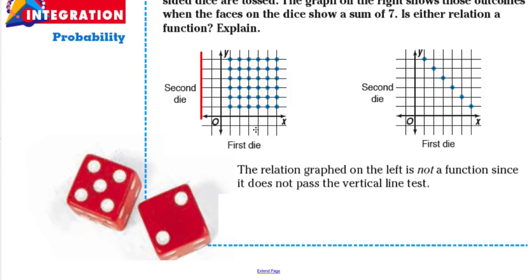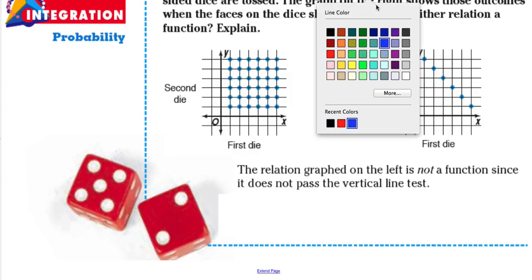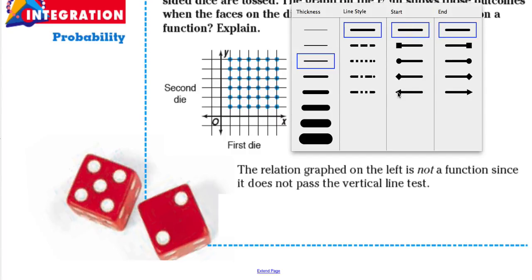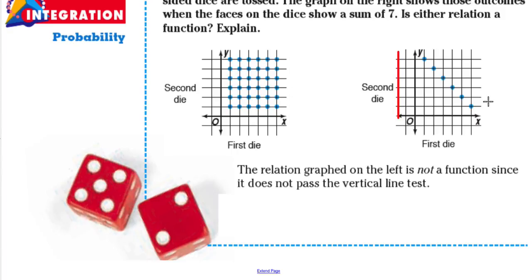The one on the right, however, is a function, because if I make a straight line here, and let's make that blue, and put 2 arrowheads there.